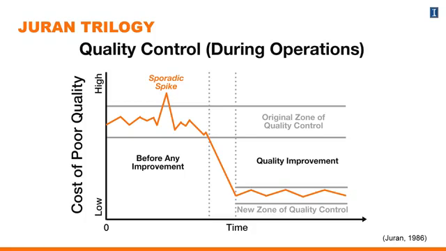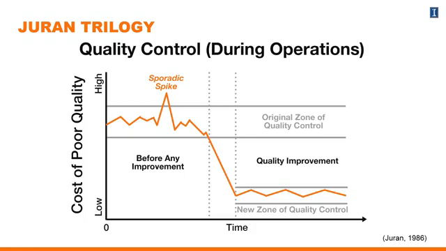So you have quality control, you have quality improvement, and what you saw on the previous slide, the third element, quality planning, is this idea that this is an ongoing process. You do this quality improvement, and then the new zone of quality control becomes your baseline for the next cycle of improvement, for either giving something more to the customer or reducing the costs of giving the same things to customers.